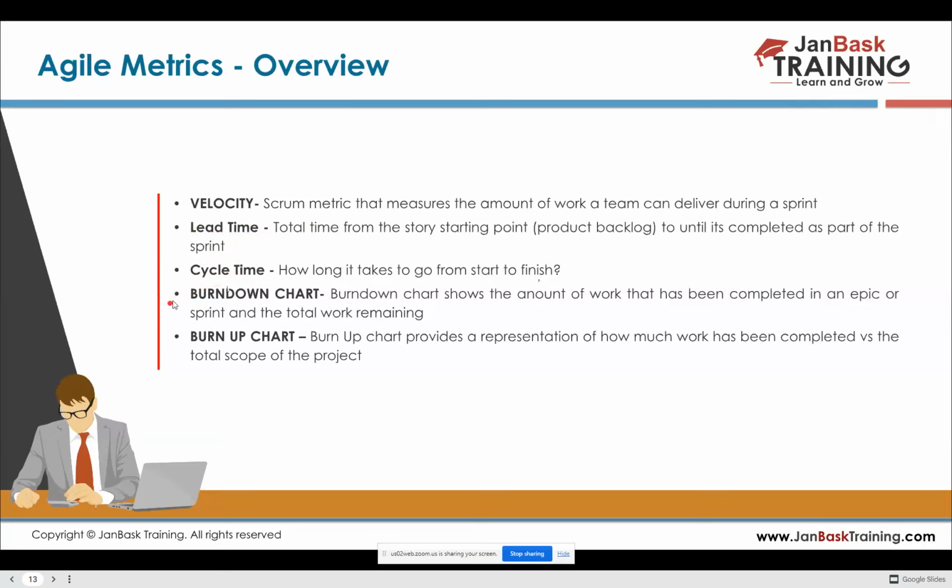Okay. Then the burn down chart. We discussed the burn down chart in the last session. So what is that? You showed me the chart. Work is being completed. They can track it. Yes. So at the beginning of a sprint, suppose your team has taken, say, 42 story points, right? So 42 story points will be at the beginning.